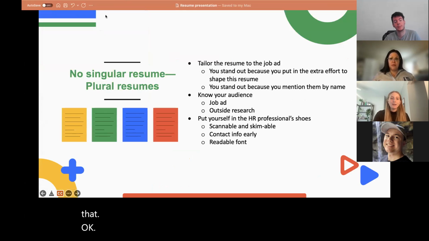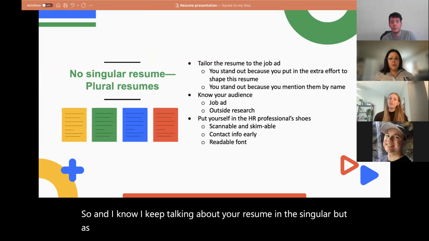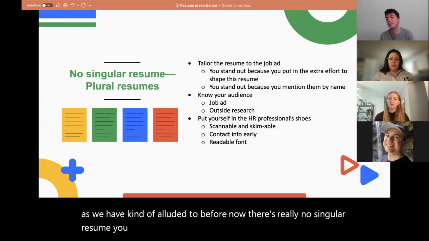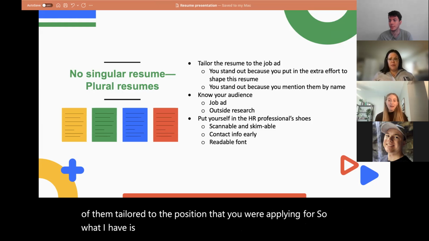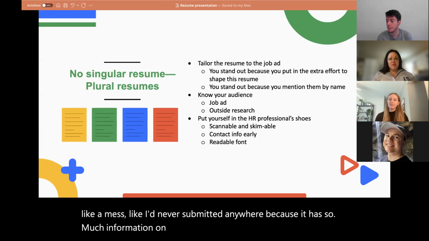And I know I keep talking about your resume in the singular, but as we have alluded to before, there's really no singular resume. You should really have many versions of your resume, each of them tailored to the position that you're applying for. So what I have is a master resume that looks like a mess, like I'd never submit it anywhere because it has so much information on it that isn't really cohesive.